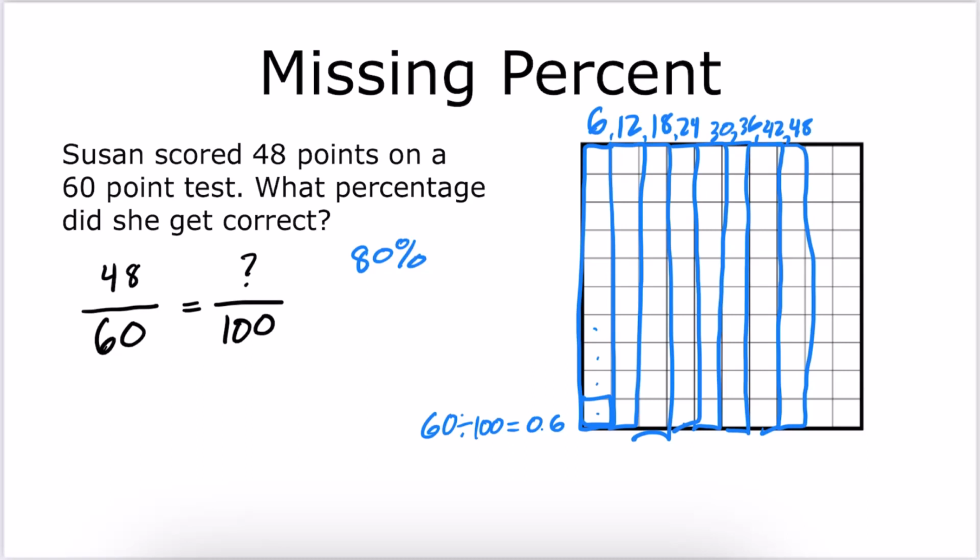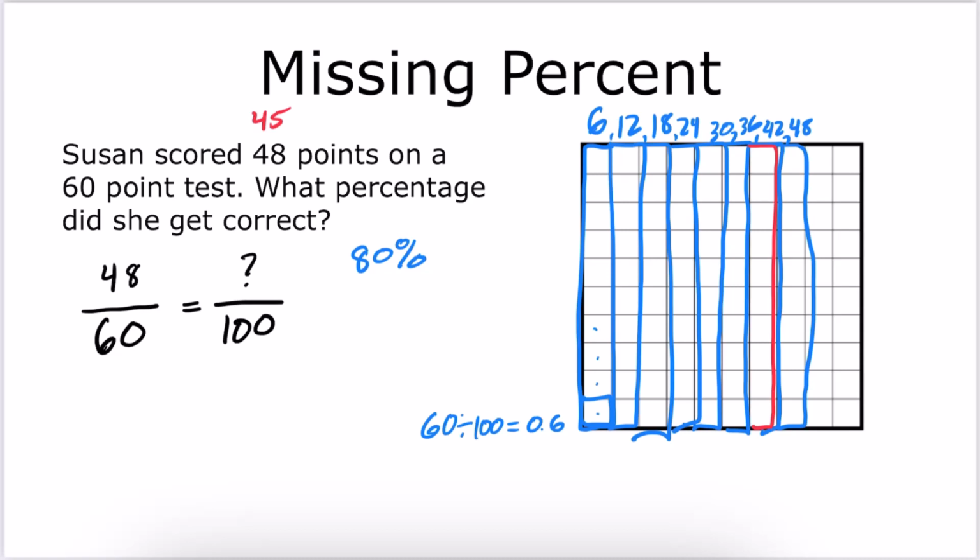So, for example, if rather than scoring 48 points, she had scored 45 points, in that case, you would have said, okay, well, up to this point is 70%, and that gives us 42 points. And then you would say, well, if I add another 10% or another whole column, that gets me to 48, which is bigger than 45 points.